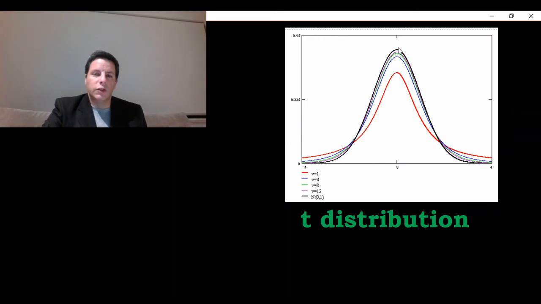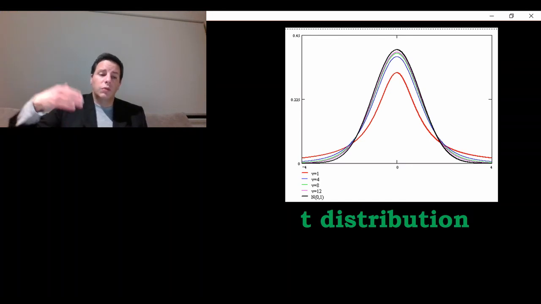If we get 30 degrees of freedom, it will be like the normal distribution. And if you keep adding degrees of freedom, it is still like the normal distribution. So the t-distribution has extreme values that are more probable than in the normal, but when you've got a large enough sample, then it becomes like the normal distribution.